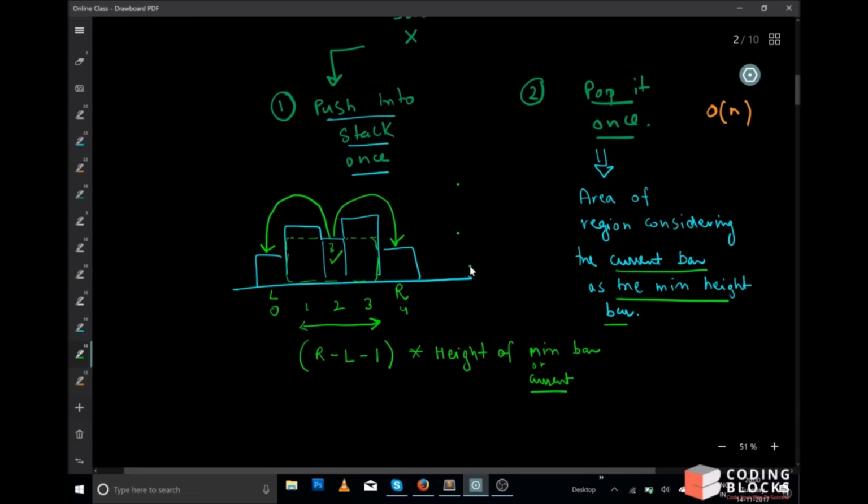So the area is going to be nothing but 4 minus 1 minus 0, right? Into 3 units. So this is going to be 9 units, which is perfectly fine, right? I'm going to use this kind of logic for this problem.